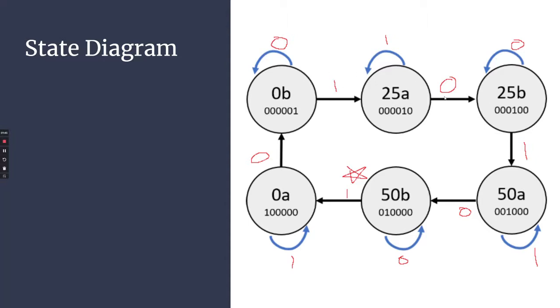Then the lever is hit, and this lever will stay held at 1 until the lever is released, at which point it will go to the next state. Next quarter goes in, lever pressed, lever stays, lever is released, and then on the 75 cents, when the lever is released and the coin is going in, that's when you will receive your gumball.